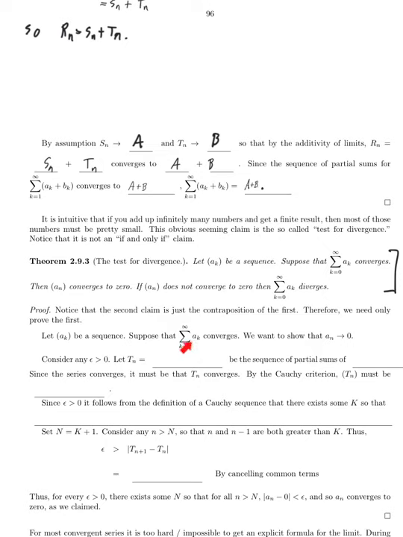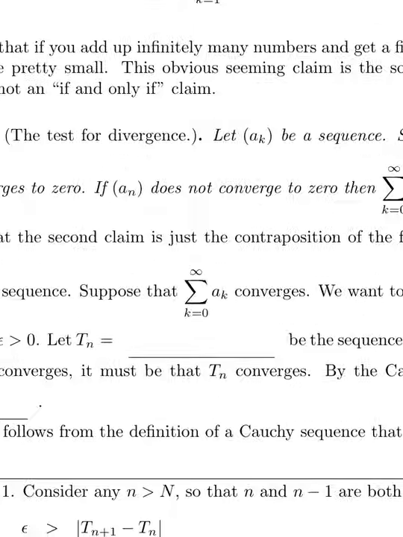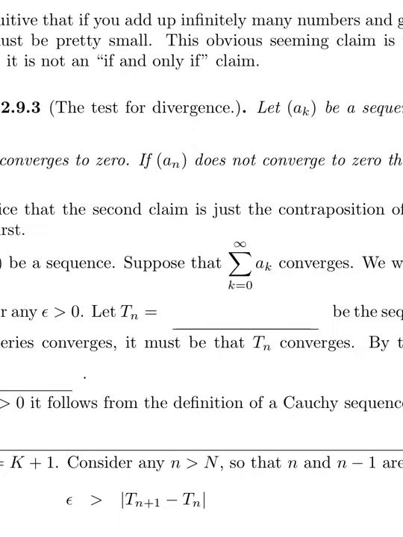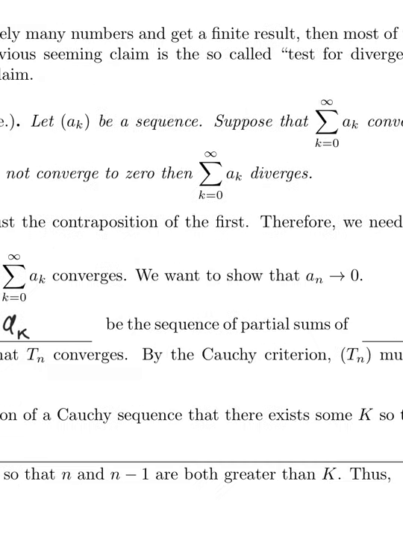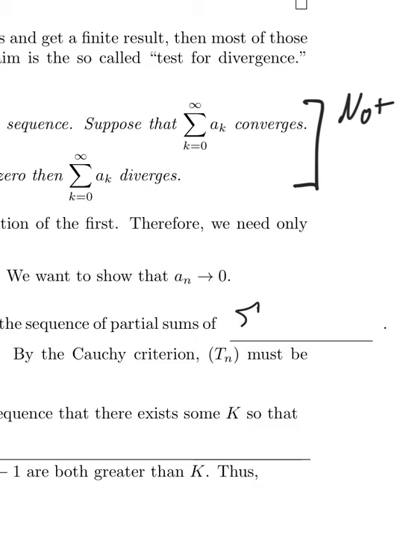Saying that this series converges is really just something about the sequence of partial sums. Let T_n, doesn't matter what the name is, be the sum from k equals 0 up to n of a_k. Let that be the sequence of partial sums associated to the sum from k equals 0 to infinity of a_k.